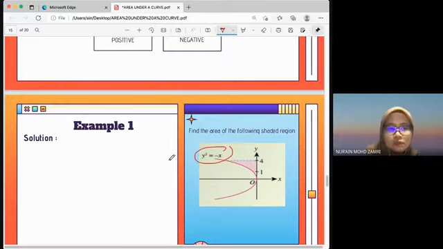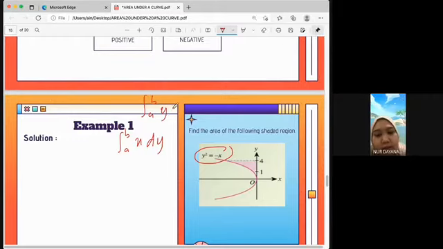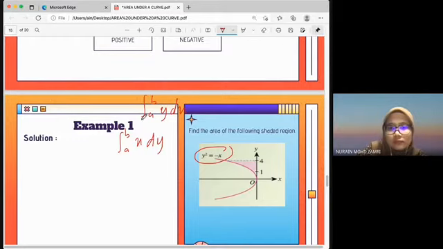Since we want to find the area under the curve that pointed to the y-axis, the function must be with respect to y. Just now, that pointed to the x-axis, it was with respect to x. Yes, correct. So we use this.